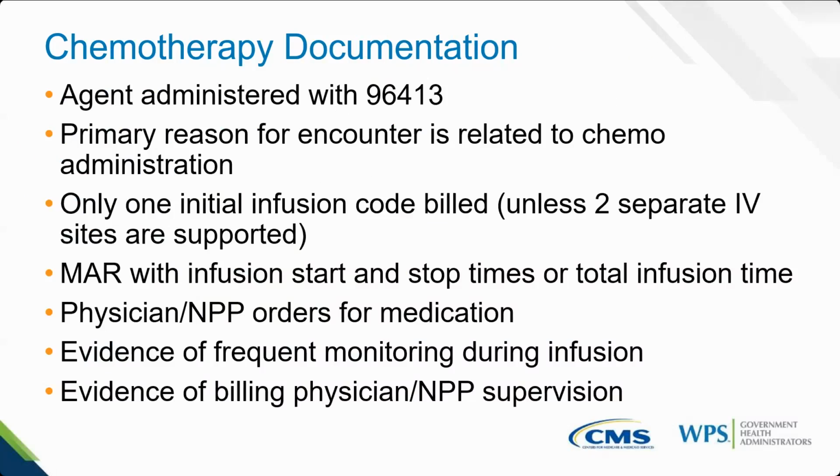The documentation for that must contain information about the agent being billed with the 96413. So what's the chemotherapeutic agent that is being administered? We need to see in the documentation the primary reason for the encounter, and that it is related to the chemotherapy administration. That would include things like the diagnosis that you're administering that specific agent for.